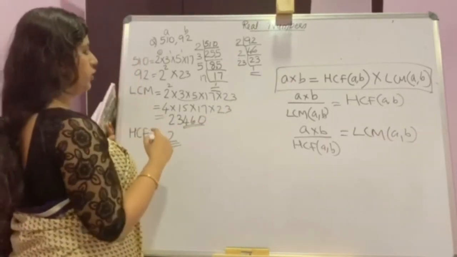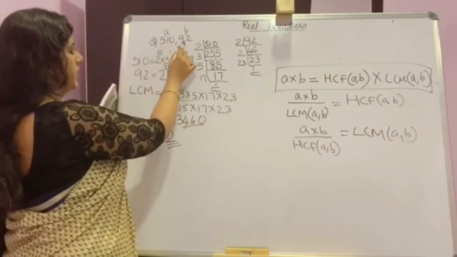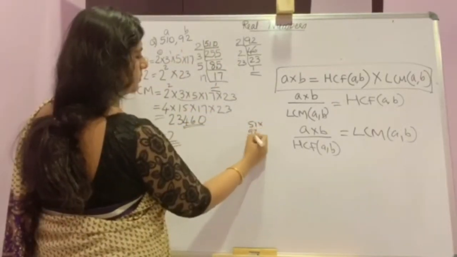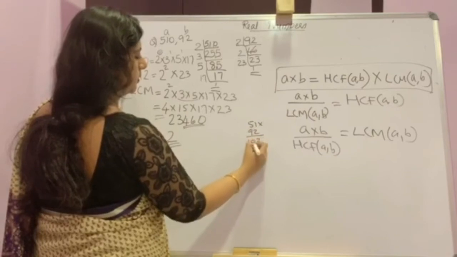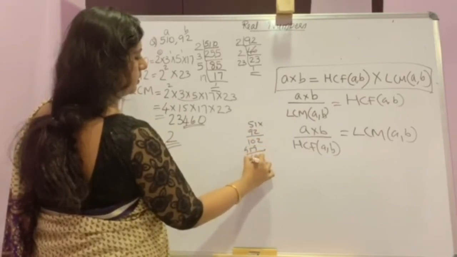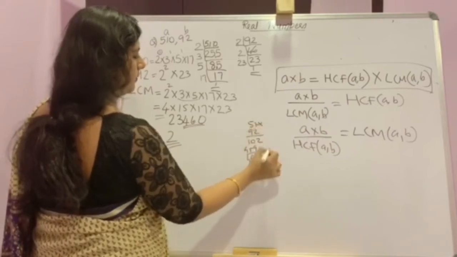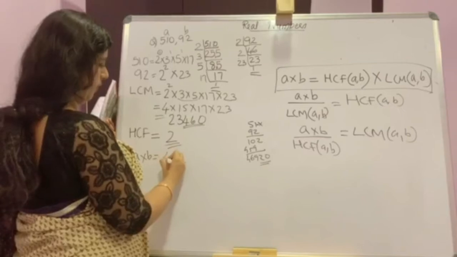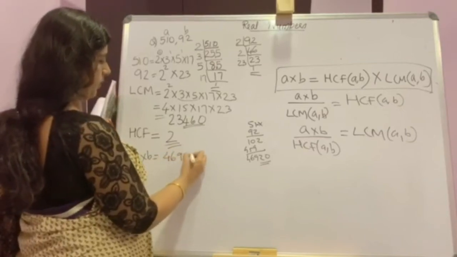That is A into B, which means 510 into 92. Let us check here. A into B is equal to 46920.